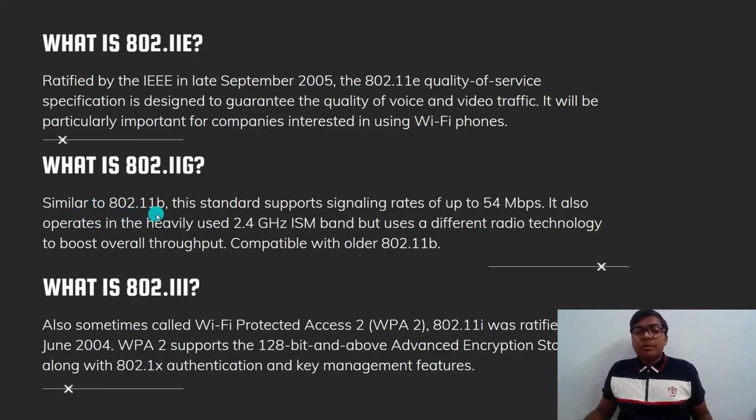Similar to 802.11b, this standard supports signaling rates up to 54 Mbps. It operates in the heavily used 2.4 GHz ISM band, but uses a slightly different radio technology to boost overall throughput. It is compatible with older 802.11b.